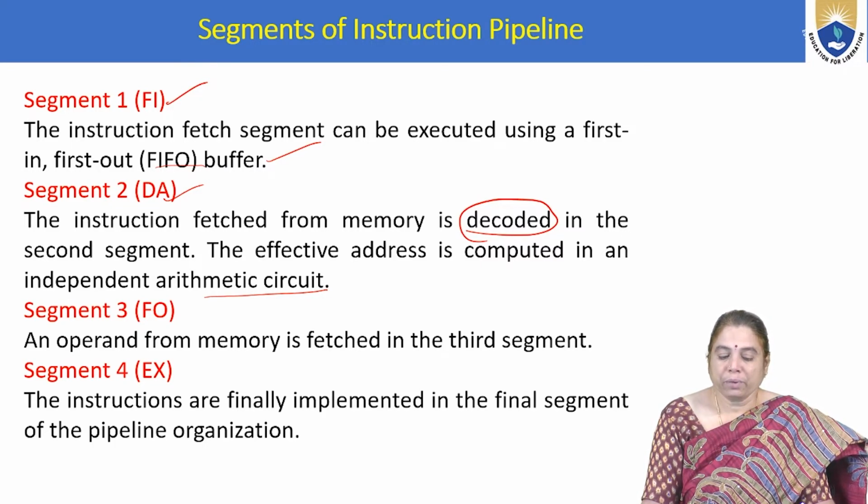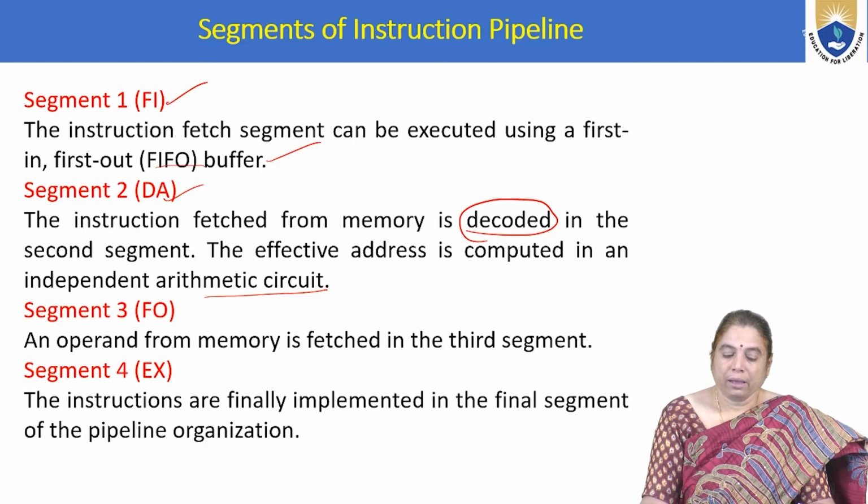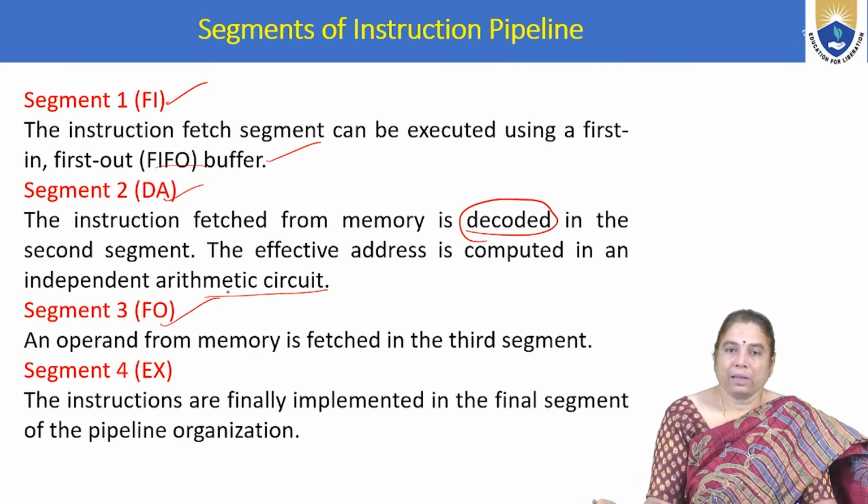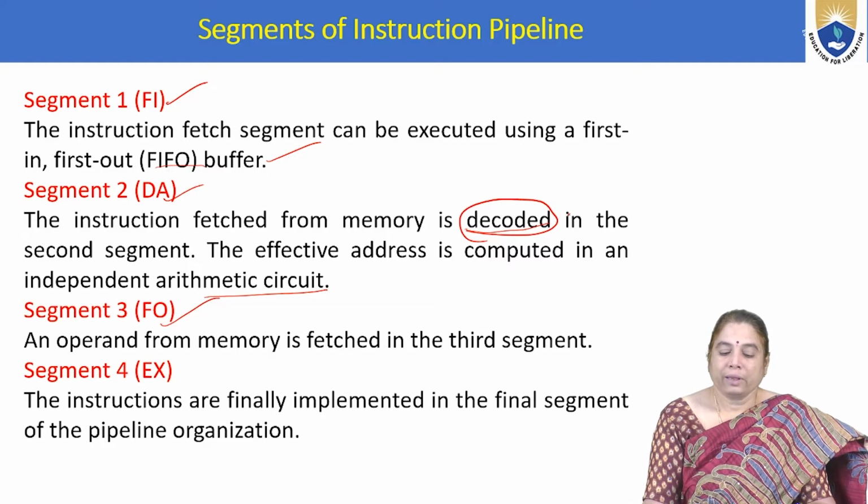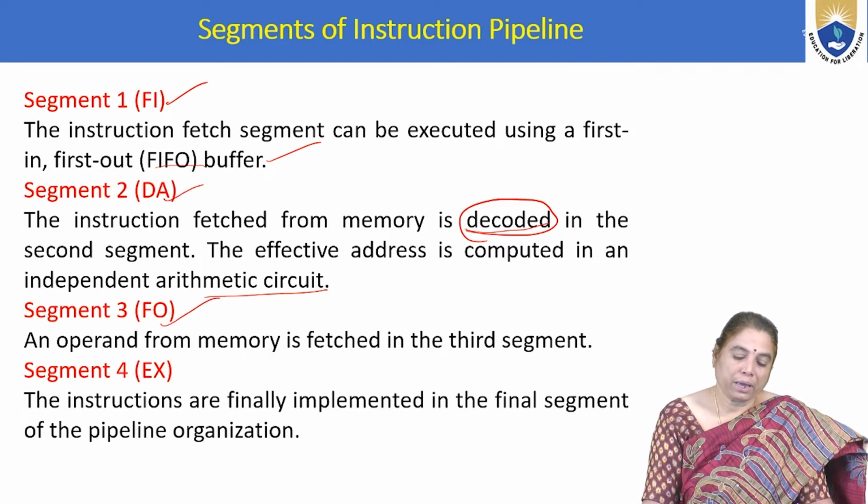And the third segment is the FO. So an operand from the memory is fetched in the third segment, and the fourth segment can be referred as EX. So here the operands are available, and what operation to be performed is decided in the decode. So the instruction execution can be carried out.